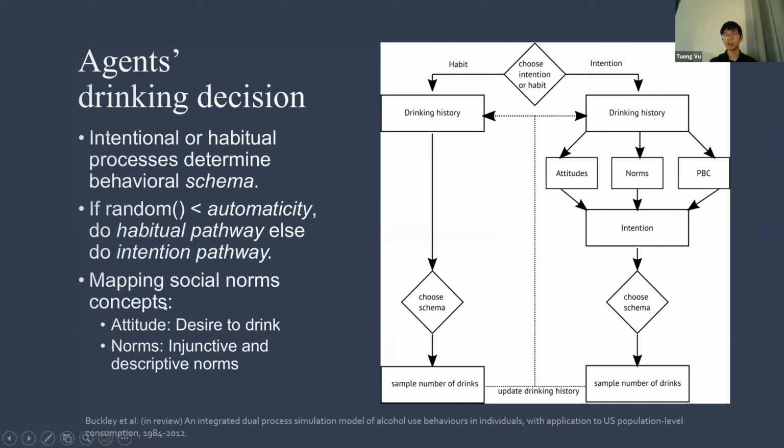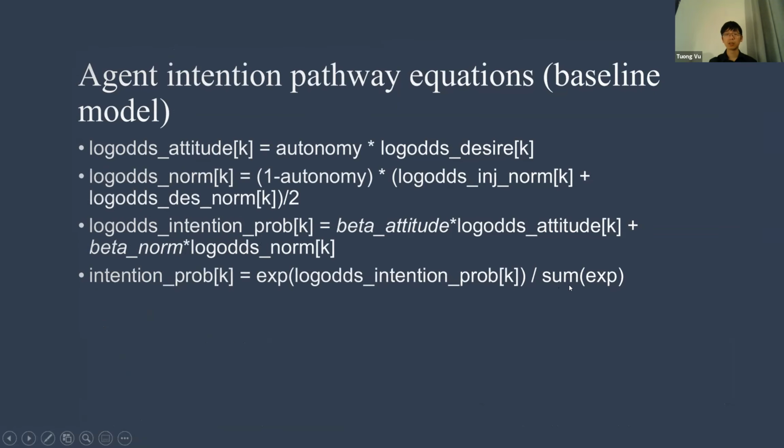Now we map the social norm concepts into the attitude, norm, and PBC. Attitude is mapped to the desire to drink, and for the norm, we map the injunctive norm and descriptive norm. In this particular model, we don't have perceived behavior control. Oh sorry, I have an updated slide. This one is not the updated one, and the equation is not looking good.